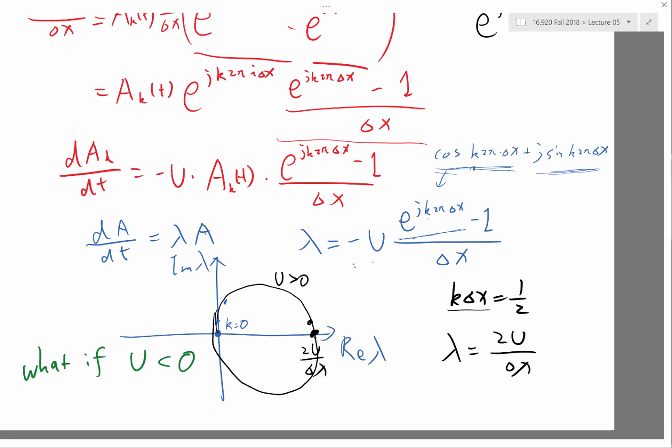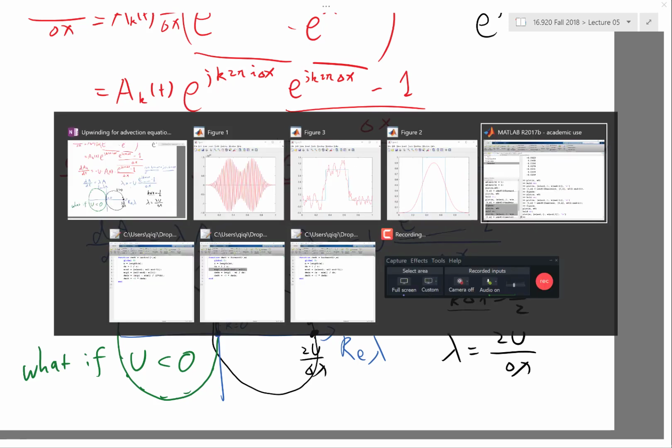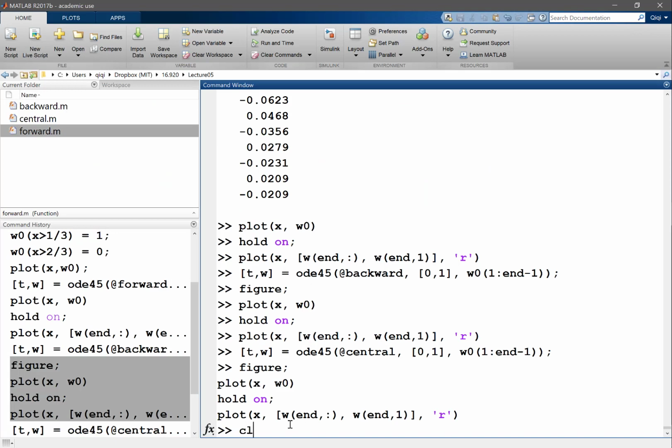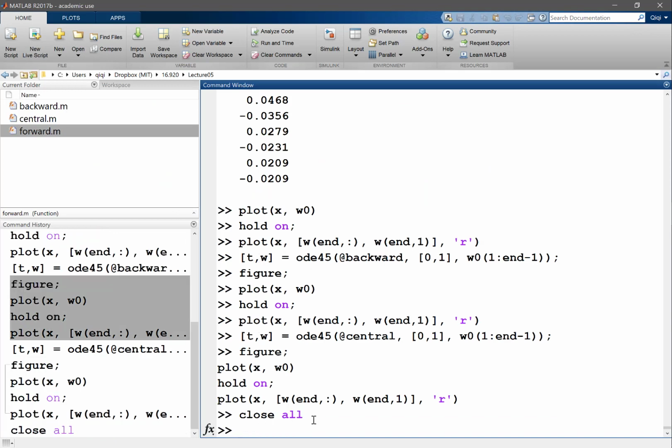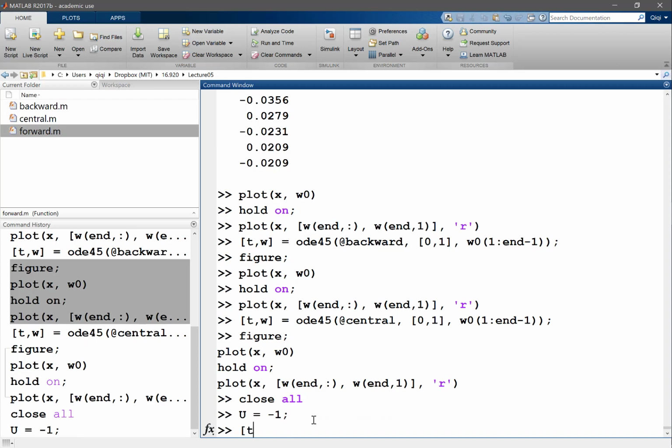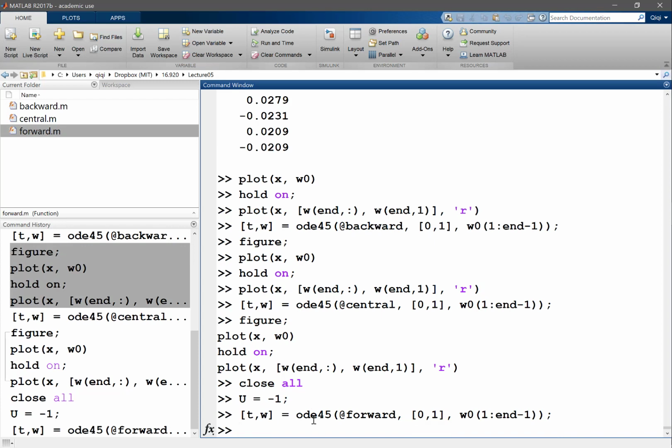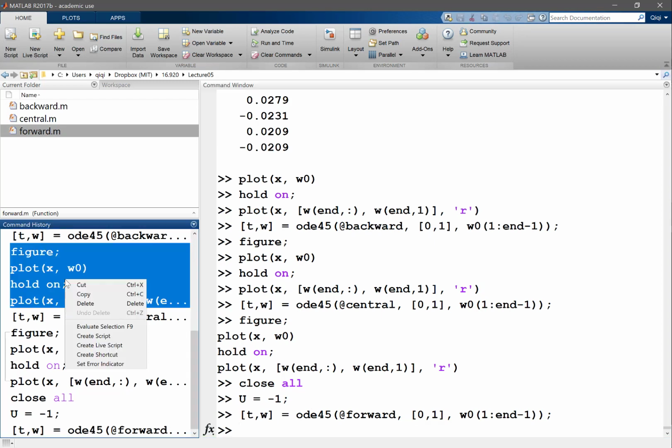So if u is less than 0, all my lambdas lie over here. Then it should actually work, right? So maybe we shouldn't dismiss that too fast. So let's, for example, set u equal to -1, and let's use our forward scheme to solve it. And let's plot all of this again.